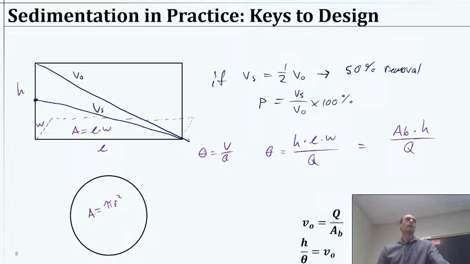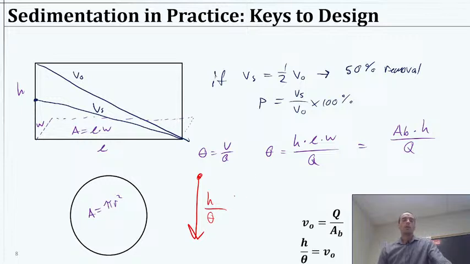One of the things I didn't quite point out was, if we look at the distance that some particle has to travel, we call that height, H, and the time in which it needs to travel that, the time that the water stays in our sedimentation chamber, is theta. So the velocity, distance per time, is the height divided by theta.